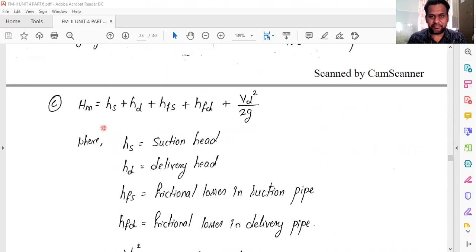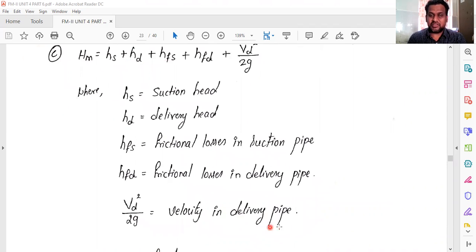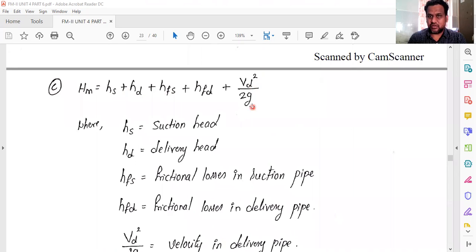This is the third way, where you are going to consider all the heads, losses, everything. So manometric head is equal to, you can see there is a suction head, there is a delivery head, there is a friction head in the suction pipe and a friction head in the delivery pipe, and also there is the velocity head in the delivery pipe, VD square by 2G.